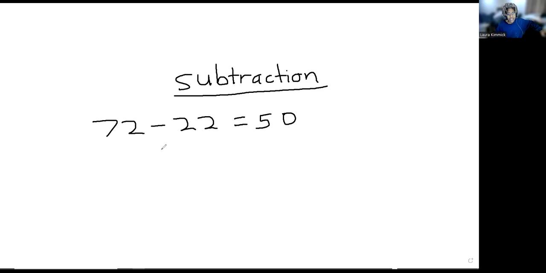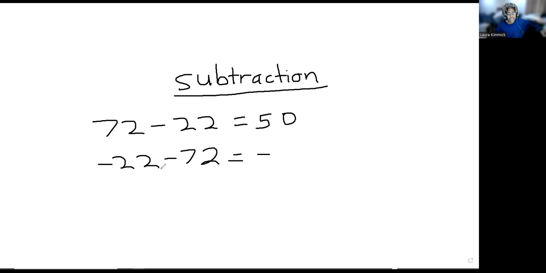Okay, so it's 50. Now, if we do it in a different order, like minus 22 minus 72 equals, another negative number, but a different answer.